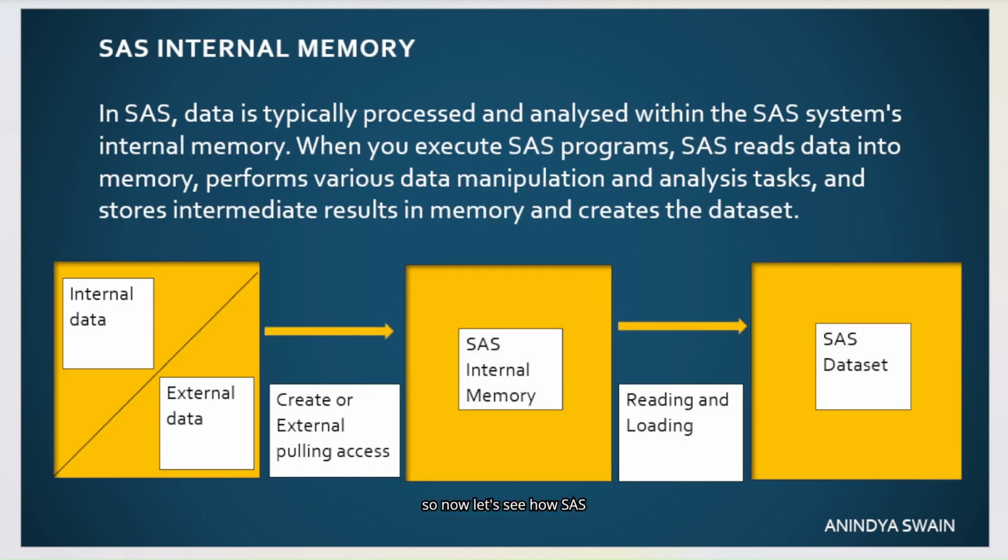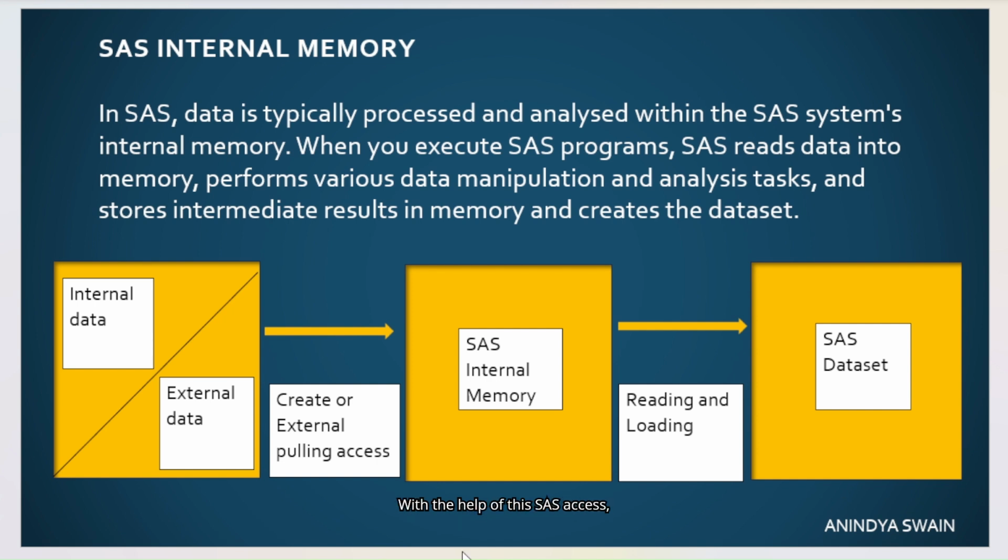Okay, so now let's see how SAS reads data. How it works is we can create a dataset in SAS. It could be from internal or from external sources. When I mean it is internal, we create a dataset in the SAS environment itself. And if it is external, the dataset might reside in a database or in the local system, right?